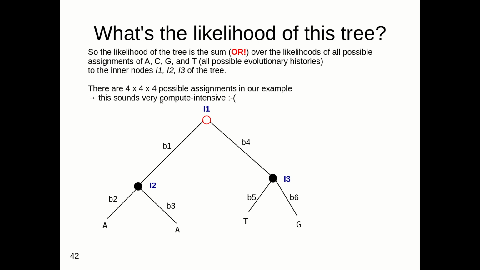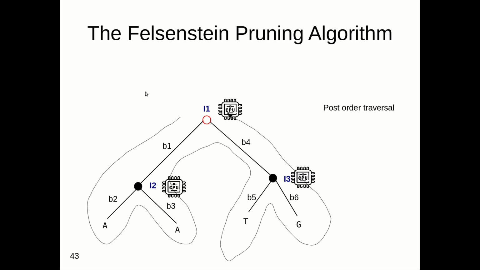But if you think about really large trees and having to enumerate all possible assignments, this really sounds very compute intensive because I have this exponential growth in the number of possible assignments depending on the number of inner nodes. So the question is, can we do better? And fortunately we can, otherwise we would not be able to conduct phylogenetic inference under likelihood models.